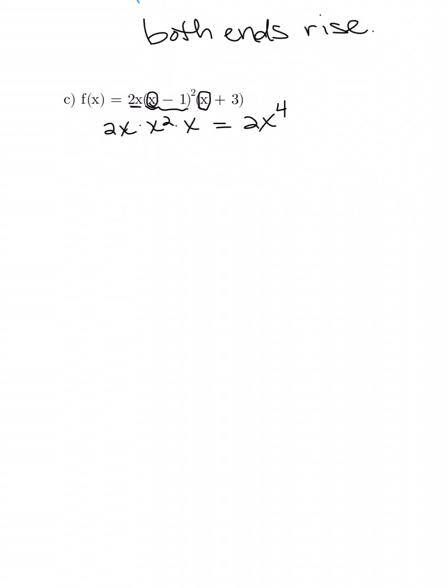Now that we have figured this out, we know that we have, looking at our highest power here, an even degree. And looking at its coefficient, we have a positive leading coefficient.